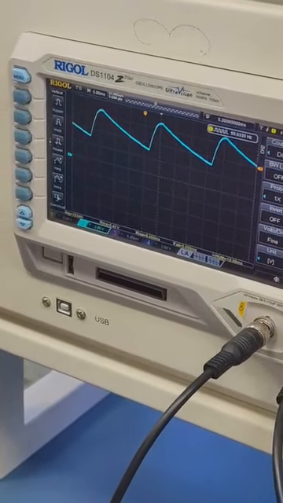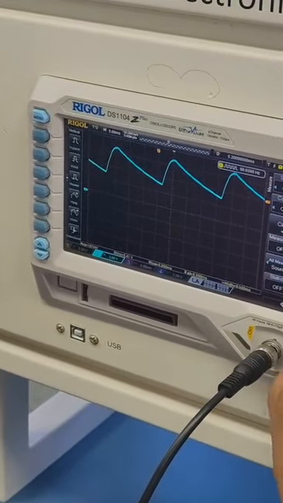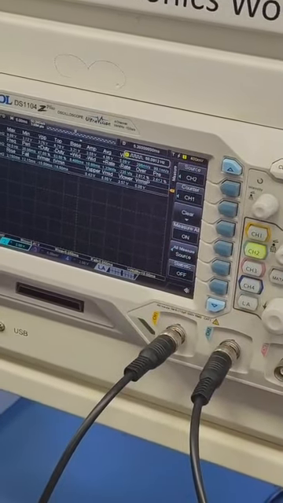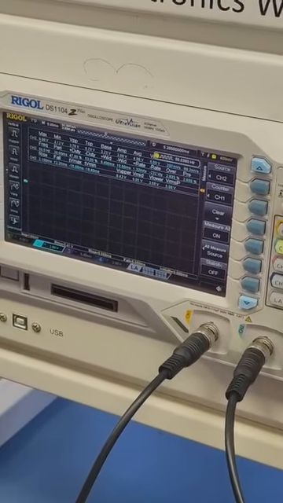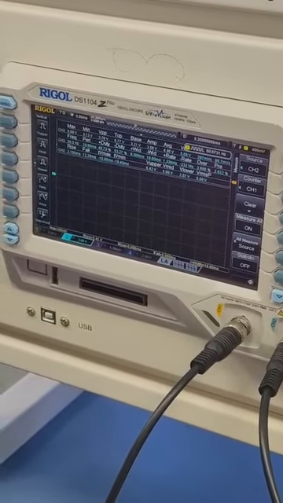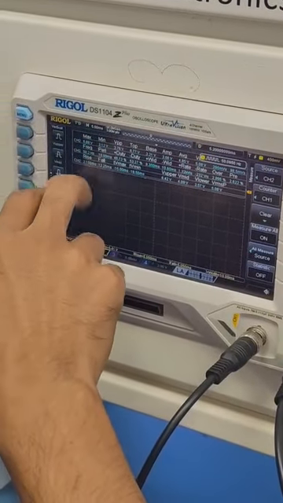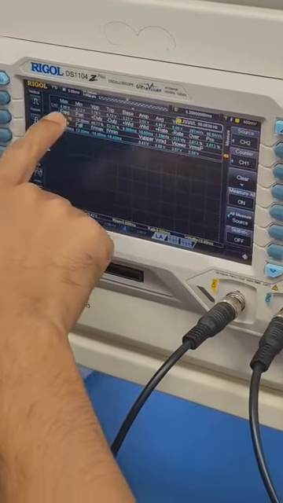Let's try to check whether we are getting the correct value or not. So we choose a measurement and then this is giving us a little bit different value. Okay. So one of you calculate.